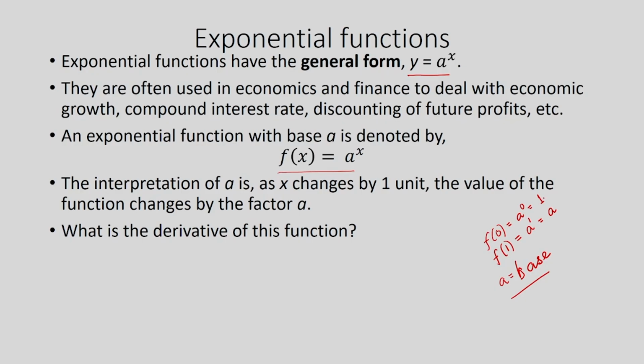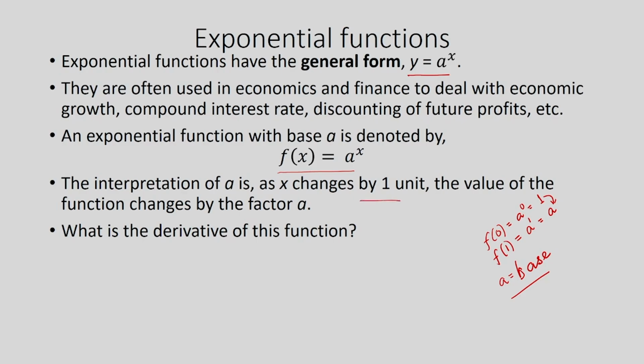So from 1 we are going to small a, therefore the value of the function is getting multiplied by this quantity small a. That is the interpretation of this small a, the base. It is the amount by which the value of the function gets multiplied when x changes by a single unit, 1 unit.